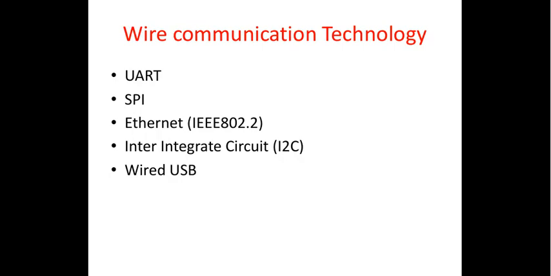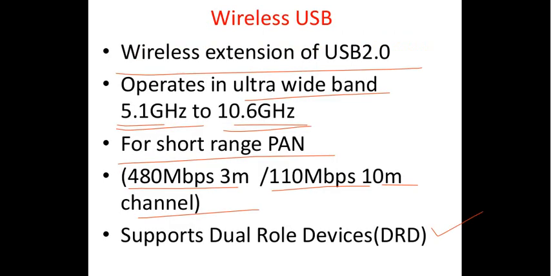Okay, so now let us come to the next category. So far we have been discussing all the wireless communication technologies, right from near field communication devices, NFCs. I will just quickly recall whatever we have studied so far: near field communication devices, followed by Bluetooth, followed by Zigbee, followed by Wi-Fi.